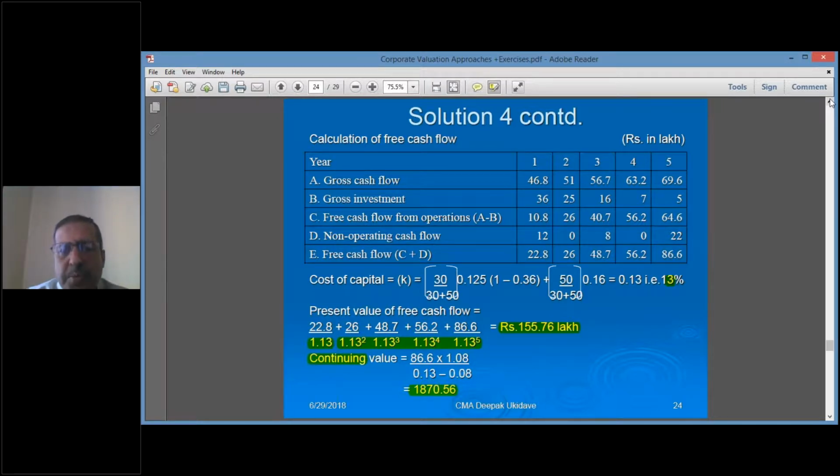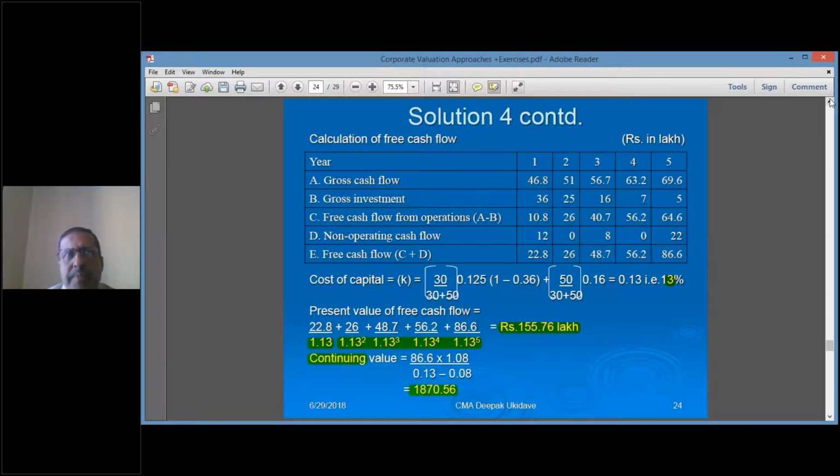Now this free cash flow, you have worked out free cash flow from operations plus non-operating cash flow. You continue with your template. You got the answer. Free cash flow from operations, FCFO. Add non-operating cash flow post-tax. You get free cash flow.